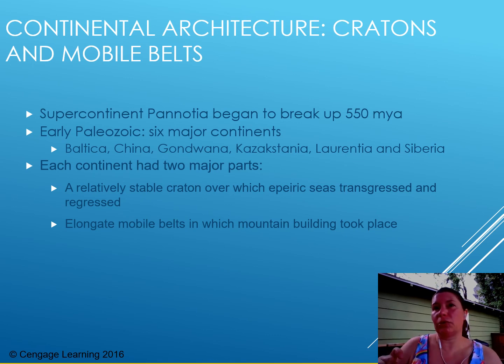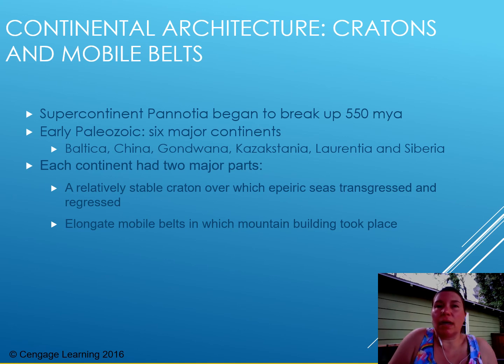A lot of the history of the Earth through the early Paleozoic is all about those cratons, which had been built up, those basic basement parts of each major continent. And so we have 6 major continents throughout the early Paleozoic. China is one of these.